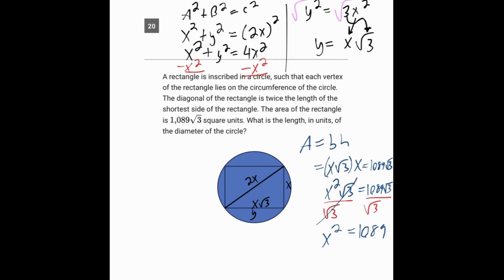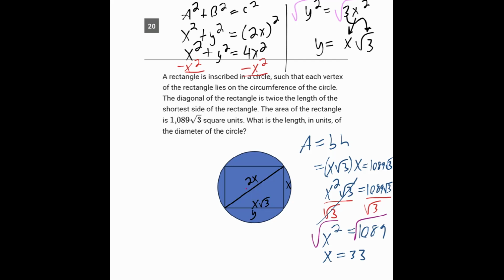And now in the calculator, we can take the square root of 1089, which is 33. So we did square root, and we got x equals 33.